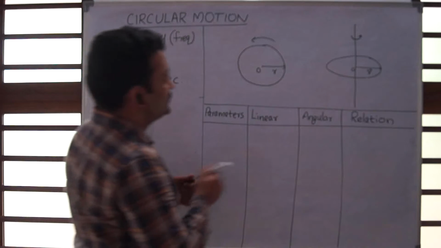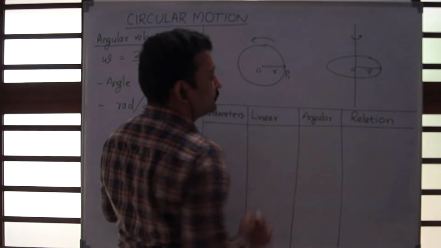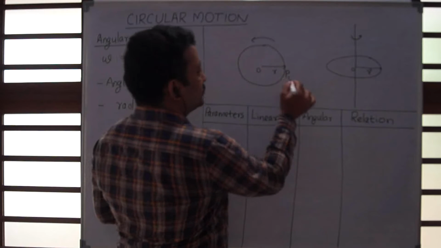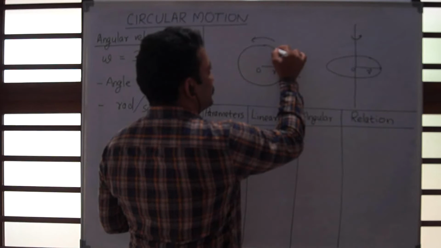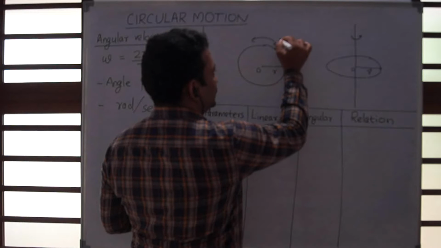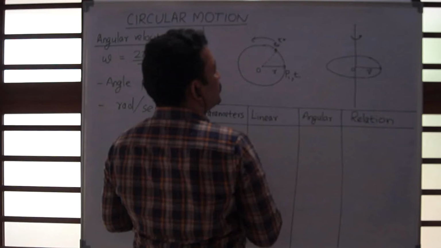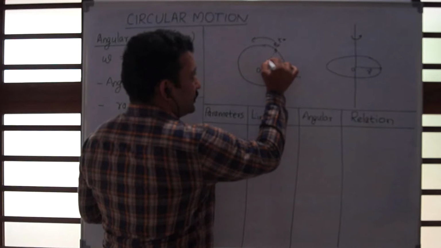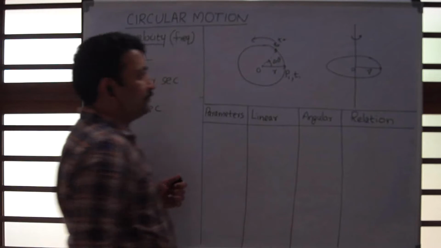Now suppose the particle starts the motion from this point. I am calling that point as T1. It is moving anti-clockwise. It moves to the final point at a later time T2, such that it makes an angle, say delta theta, during that interval.